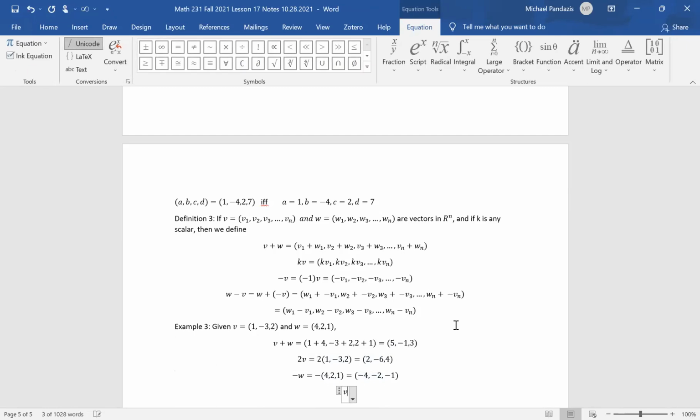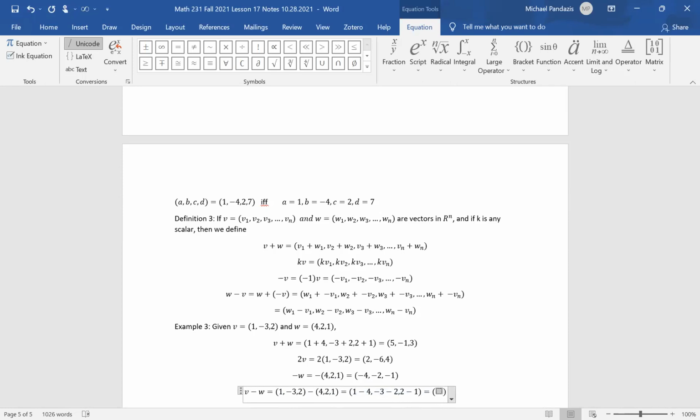And you have the vector v minus w, which is equal to the vector v, which is 1, negative 3, 2, minus the vector w, which is 4, 2, 1. And so then that's equal to just 1 minus 4, comma, negative 3 minus 2, comma, 2 minus 1.